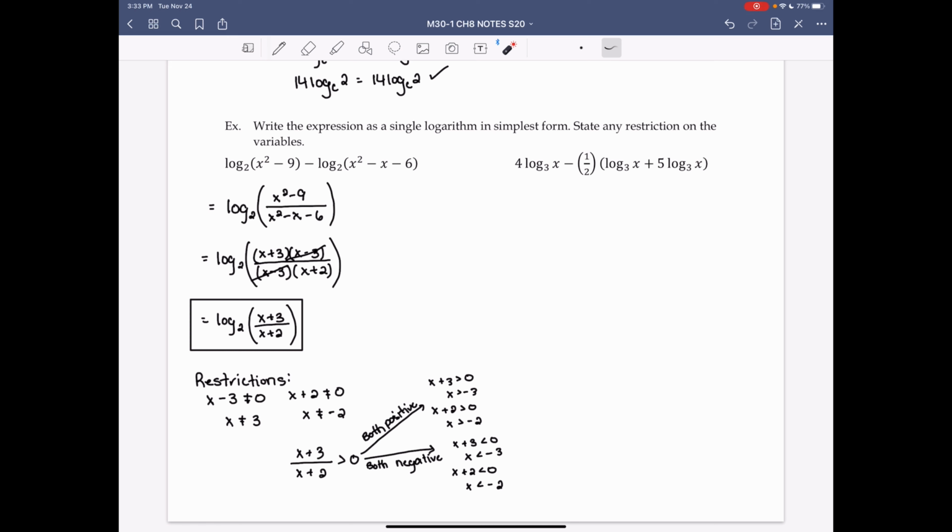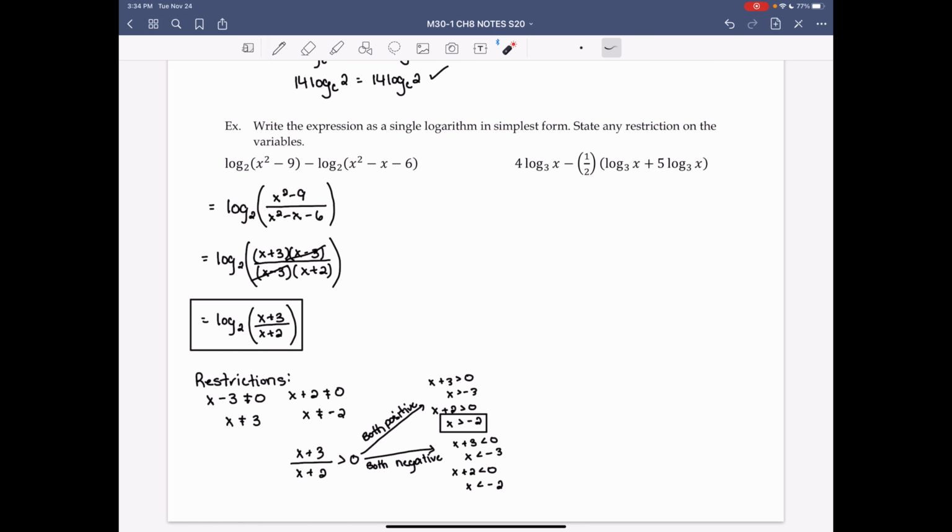If x is greater than negative 2, it is also greater than negative 3. So x greater than negative 2 is our greater than restriction. We also have that x cannot equal negative 2, but if it's greater than negative 2, then it's not equaling negative 2.